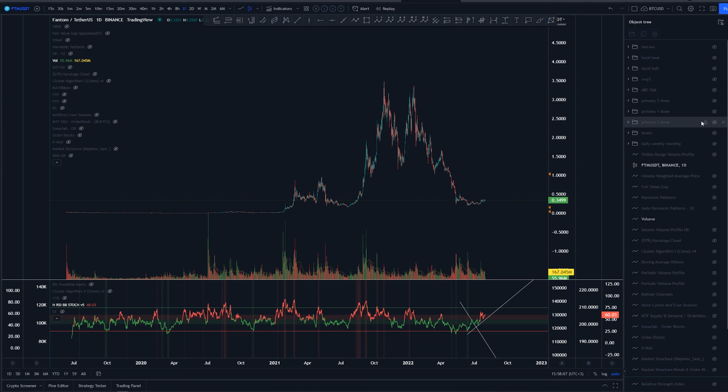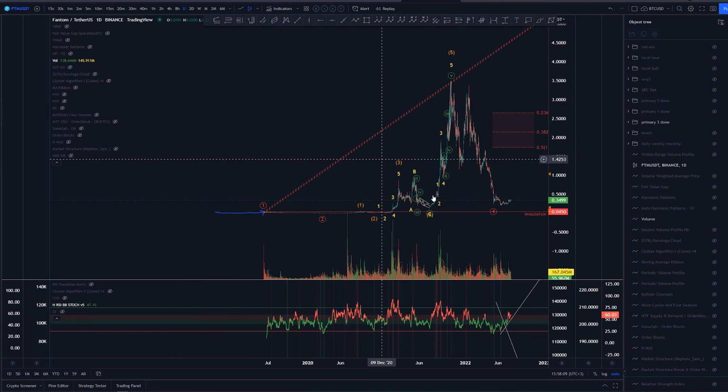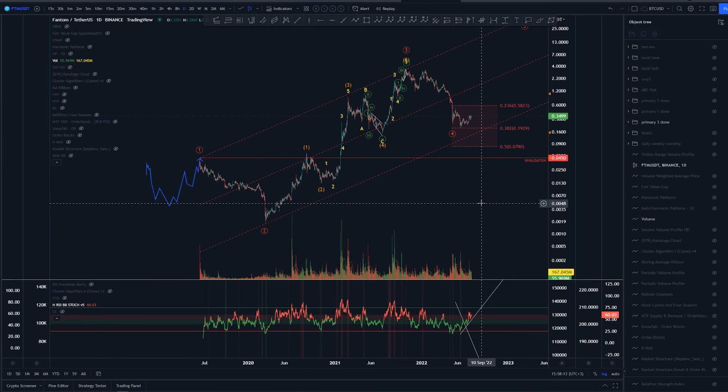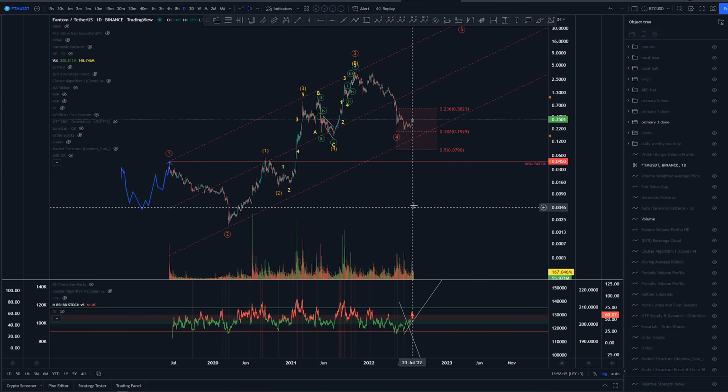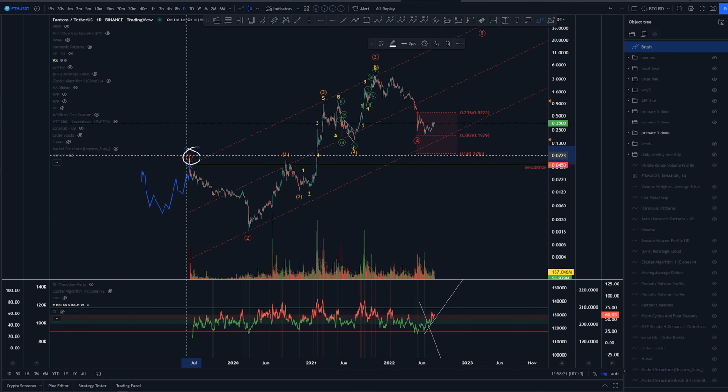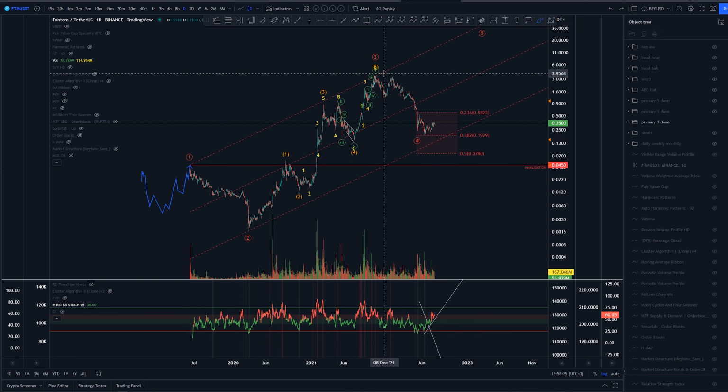Starting here on a very high time frame, let's take a look at the possibilities on the logarithmic scale, as that presents us the best view on the scale and the wave structures themselves. So overall we could have this as a possible wave 1, 2, and then 1, 2, 3, 4, 5 into a third.